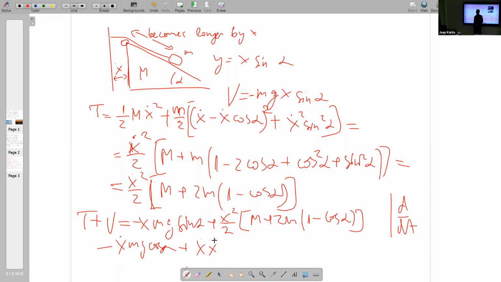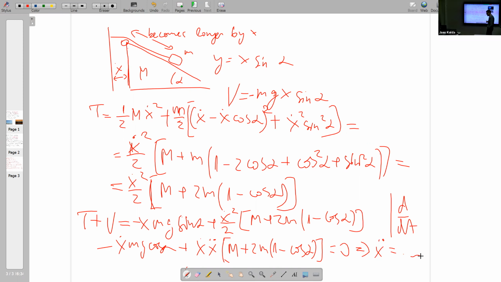Using the chain rule to take the derivative of x dot squared, it is x dot x double dot. 2 goes away and remains the same thing we had already, M plus 2m, 1 minus cosine alpha, and closed. And from here now, this is all 0, because energy is constant, so the derivative is 0. And from here, it's now already very easy to express the acceleration x double dot.